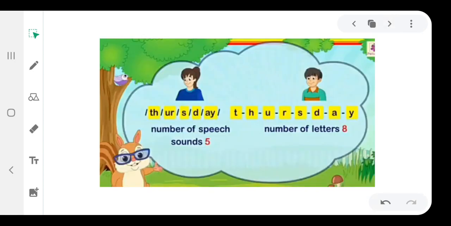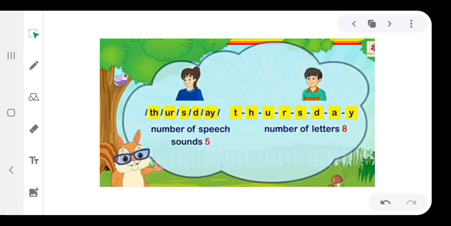There are many ways of learning to spell the words correctly. Ricky memorizes the letter order in words to learn the spelling. T, H, U, R, S, D, A, Y. Nikki spells the word by identifying each unit of speech sound within it.